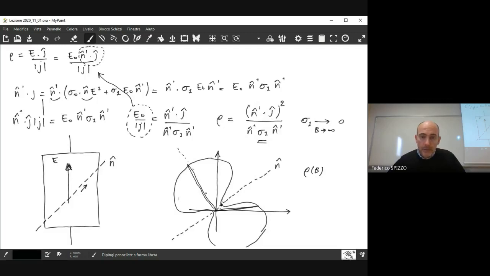So if the direction is not the direction of the open orbit, you have a large value of the resistivity for a fixed value of B, where B is a large value. So you choose a large value of B.